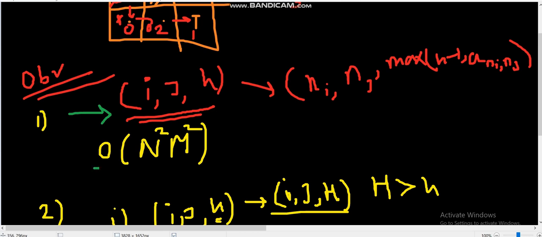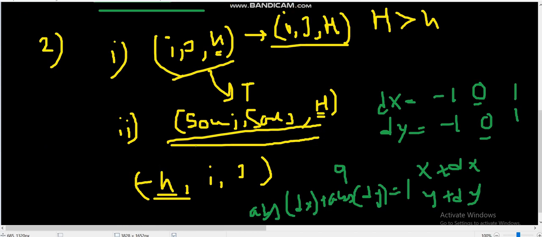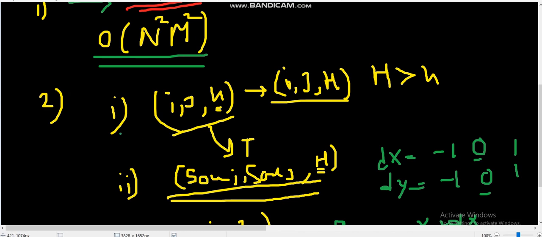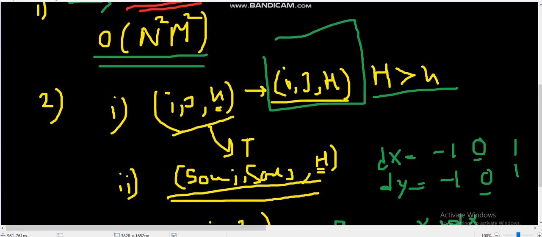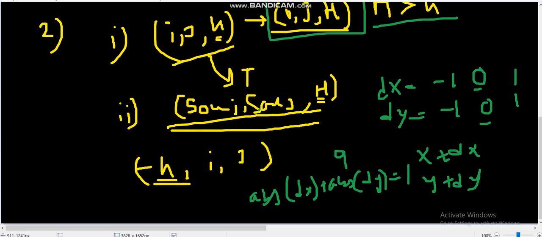Because it does not fit in the constraints. And in our second approach, the first observation is that if I, J, h is possible, then all values capital H greater than h are also possible. This will help us. Again for this we use Dijkstra's algorithm, and we go to the cell with maximum health, and we try to go to the neighboring cells of that current cell, and by that, using Dijkstra's algorithm, we have solved the problem.